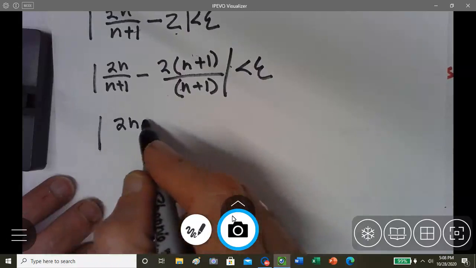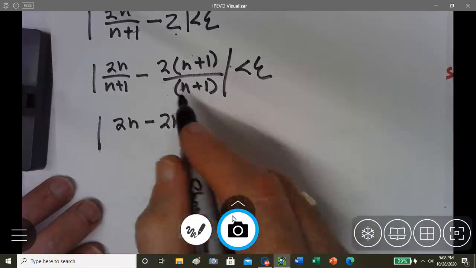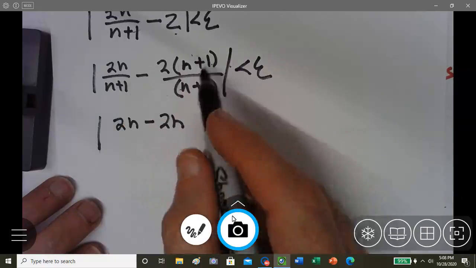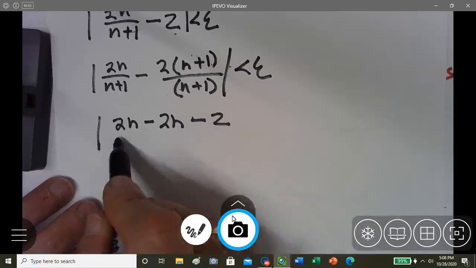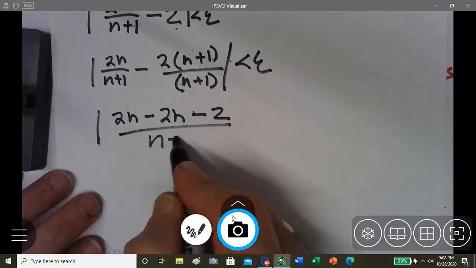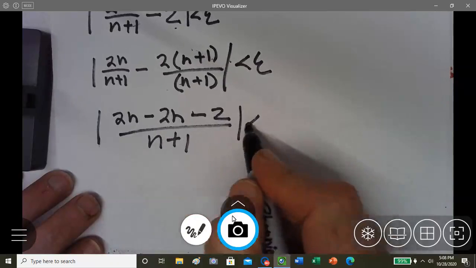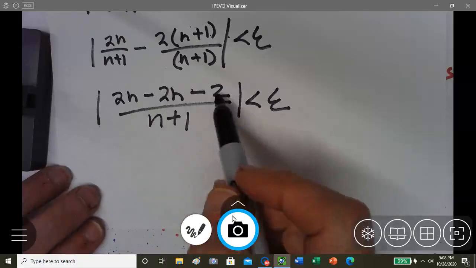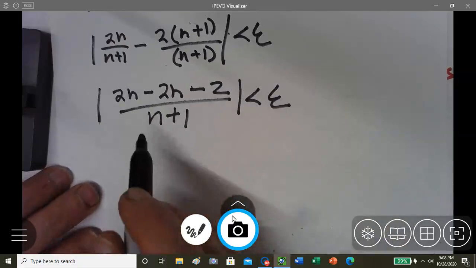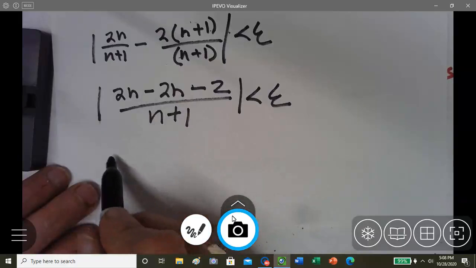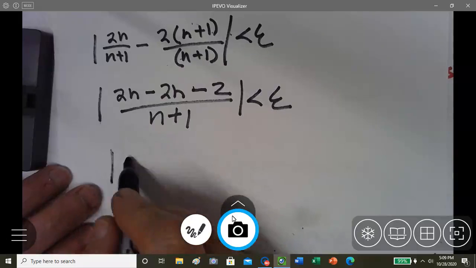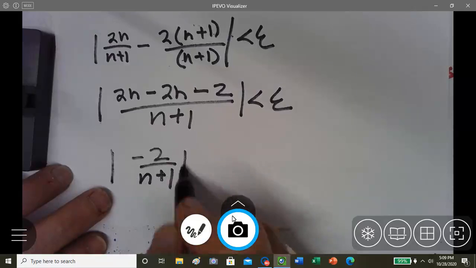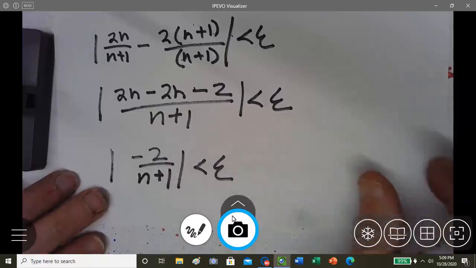So that'd be 2n minus 2n, negative 2 times 1, that'd be negative 2, over the common denominator of n plus 1, and that's all less than epsilon. Well, we have 2n minus 2n, that all goes to 0. So we're left with the absolute value of negative 2 over n plus 1 is less than epsilon.